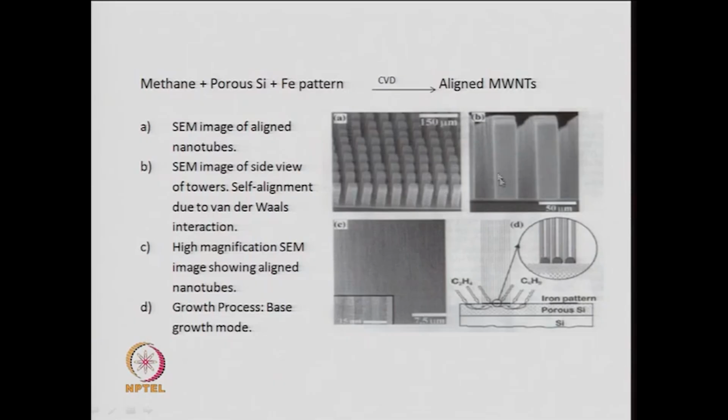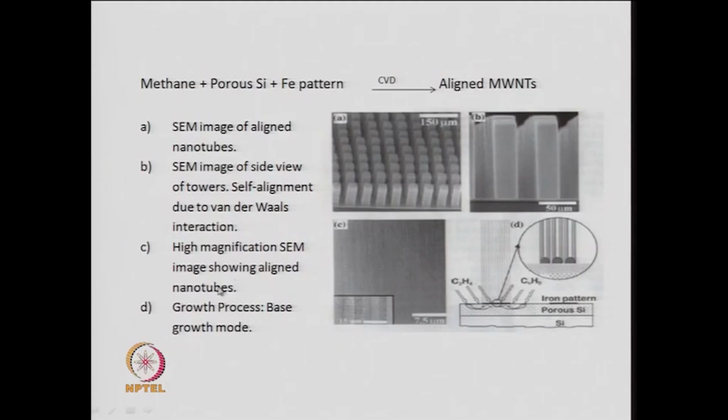So, that is how you get these aligned multi-walled nanotubes on an iron pattern over a porous silicon substrate. So, this porous silicon is important for the gas, the hydrocarbon, to go in and interact with the catalyst, and then reprecipitate as carbon nanotubes. So, the carbon is first formed, and it dissolves in the catalyst, and then reprecipitates to form the carbon nanotubes.